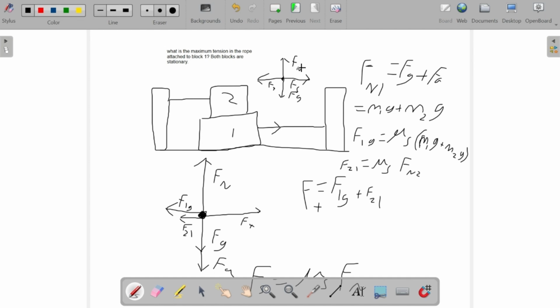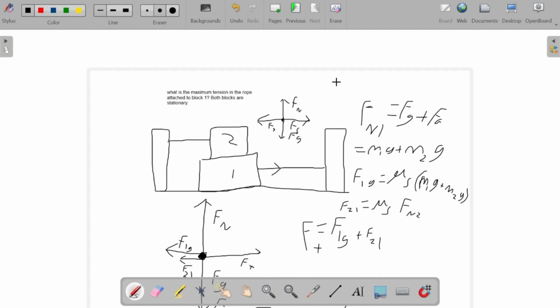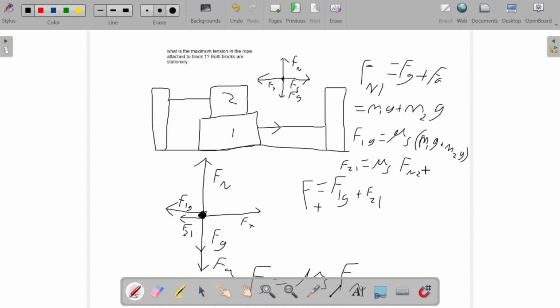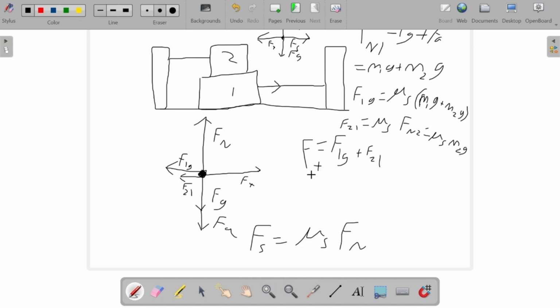Okay. And Fn is equal to Fg in this case. So that's how we find this Fn2 value. It's going to be equal to its Fg. So F21 is just equal to mu s times m2g.